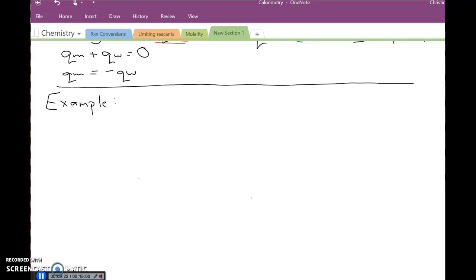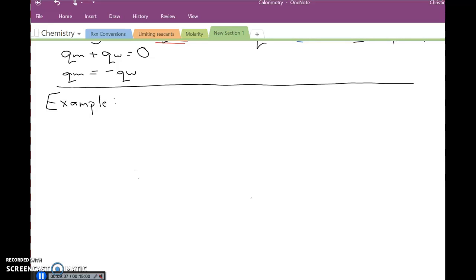The final temperature is 23.5 degrees Celsius. Calculate the specific heat of the metal. And the C for water is 4.184.